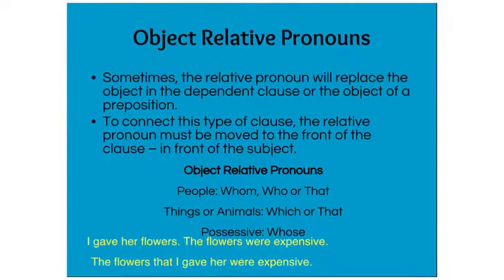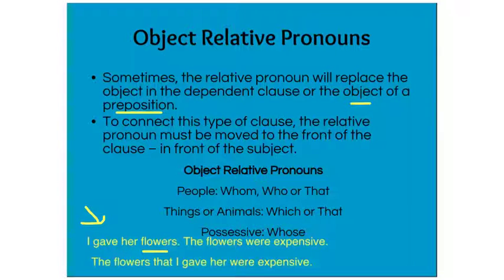Now we can also have object relative pronouns because sometimes the relative pronoun is going to replace the object in the dependent clause, or it may be the object of a preposition. So let's take a look at what that might look like. If we had these two sentences, I gave her flowers.